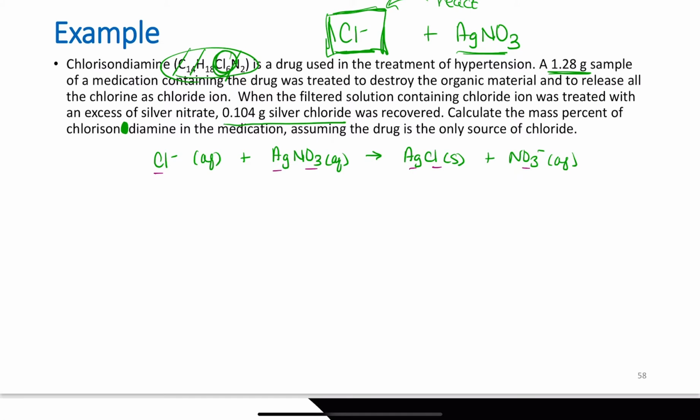What I need to do to figure out the mass percent of the drug, I'm assuming that the drug is the only source of chloride, which means if I can figure out how many grams of chloride are in the sample, then I should be able to figure out the mass percent in the overall medication. So number of grams of chloride. Chloride and chlorine will have the same mass. 0.104 grams of the silver chloride.